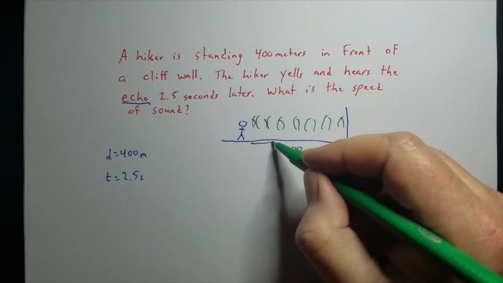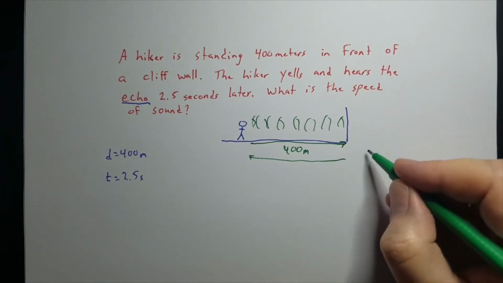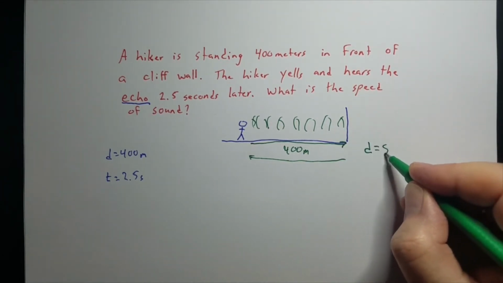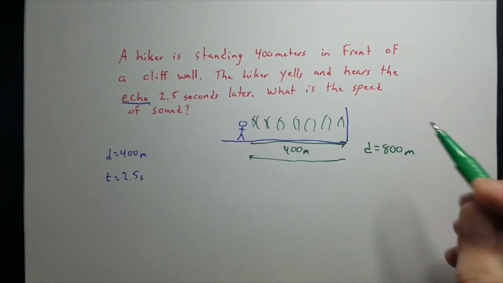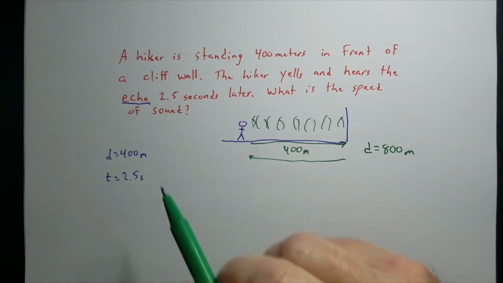So the sound traveled 400 meters to the wall and then 400 meters back. And so that really means the distance of travel is 800 meters. Now, if you didn't read the problem carefully, you may have left out that piece of information.